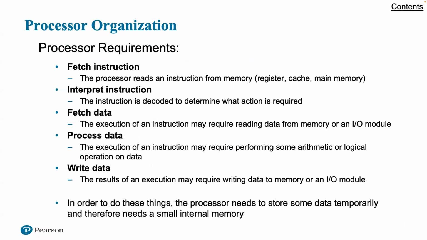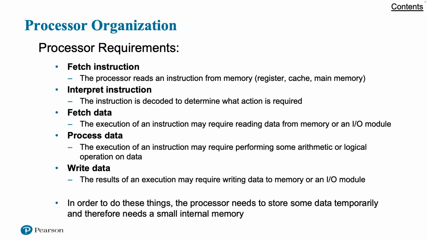So to understand the organization of the processor, let us consider the requirements placed on the processor. So that's what we're listing here, the things that it must do. Fetch instruction: the processor reads an instruction from memory, the register, cache, or main memory. Interpret instruction: the instruction is decoded to determine what action is required.